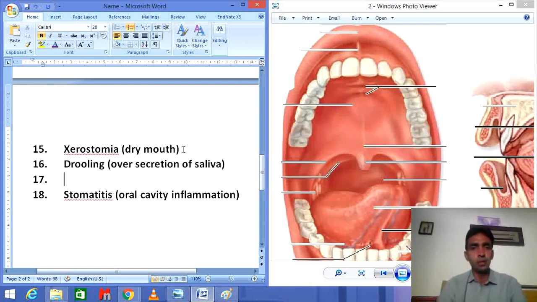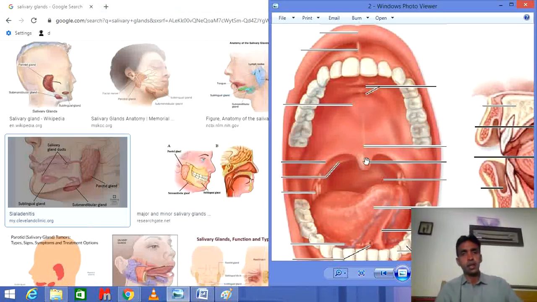Drooling usually happens in a rabid dog, which is infected by the rabies virus. Drooling is actually the overproduction of saliva.